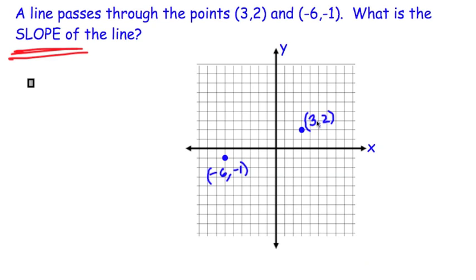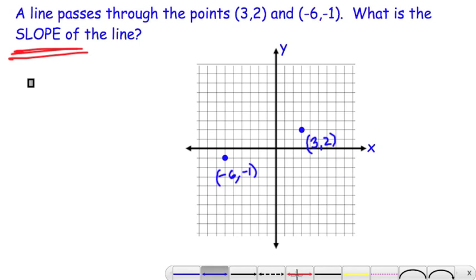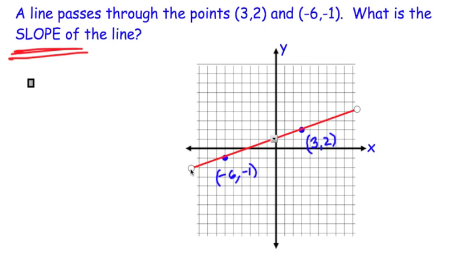Okay, so it's looking like the line that passes through this is probably going to look like this. Pretty close. Okay, so let's take a look at what this slope is.